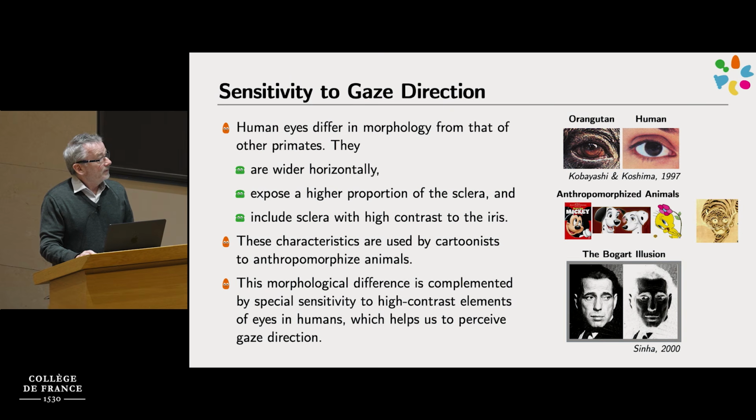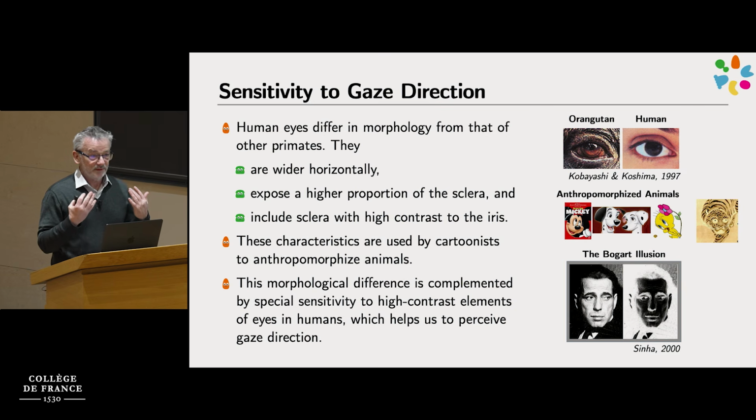And so what this high contrast and this anatomy is doing is not just allowing you to figure out whether someone is looking at you or not, but actually figuring out where someone is looking. So you know, for example, that these two dogs are looking at each other, right?